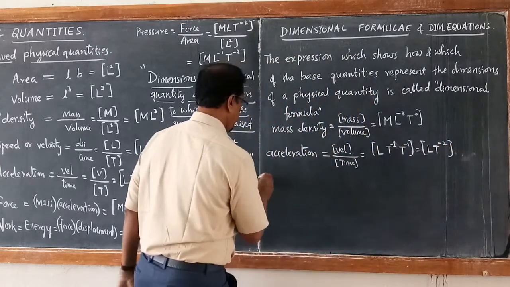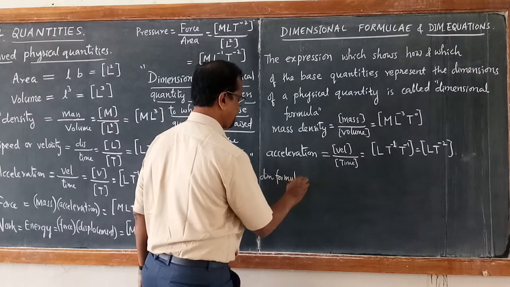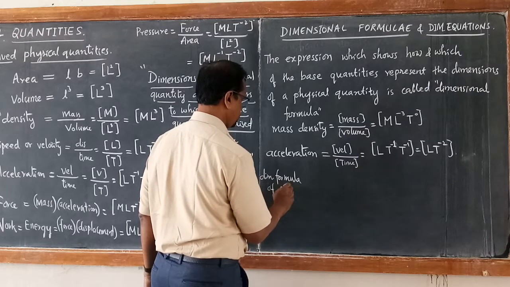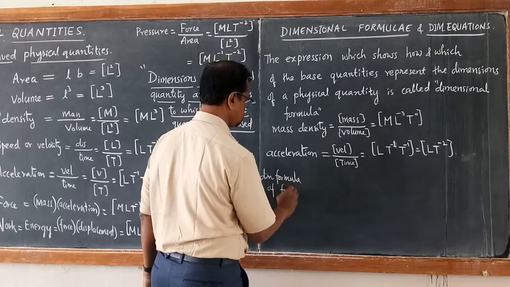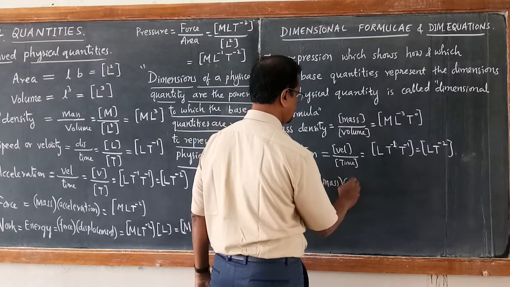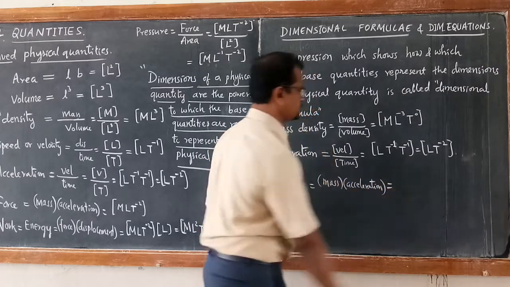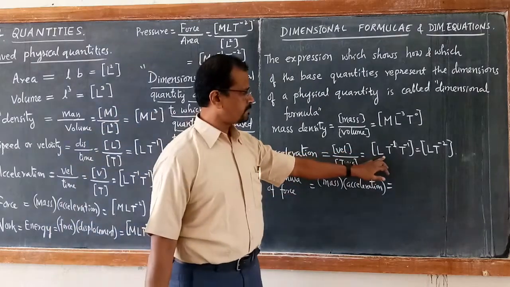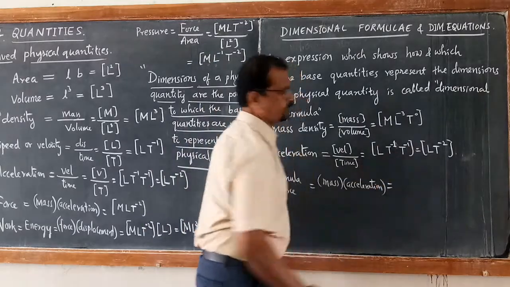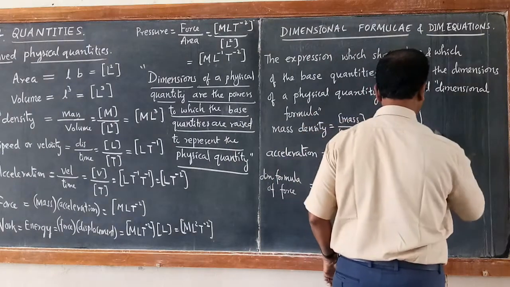And the dimensional formula of force is that of the product of mass and acceleration. Just now we have written, same thing, it is expressed in terms of dimension of mass, dimension of time and dimension of length. So in case of acceleration, the dimension of mass is 0.